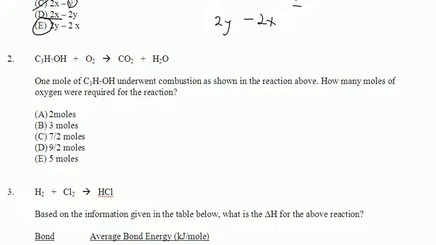This next question simply asks us to balance the combustion reaction shown above. And at the end, they want to know how many moles of oxygen were required. So we are going to be looking for whatever number ends up there. When it's written this way, you can get rid of that H and make that one number higher if it's easier to see.